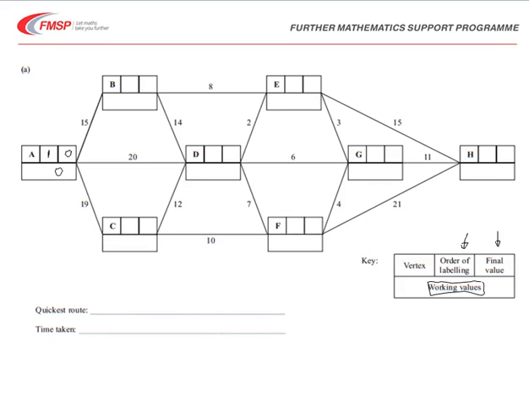So Dijkstra's algorithm says look at all of the other points that can be reached from the vertex which has just been labelled. In other words, which points can we reach from A? Those are B, C and D. And we write in there the length of the route from A to each of those. So to B it's 15, to D 20 and to C 19.